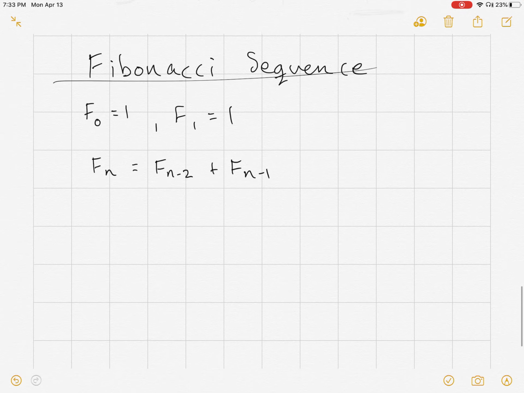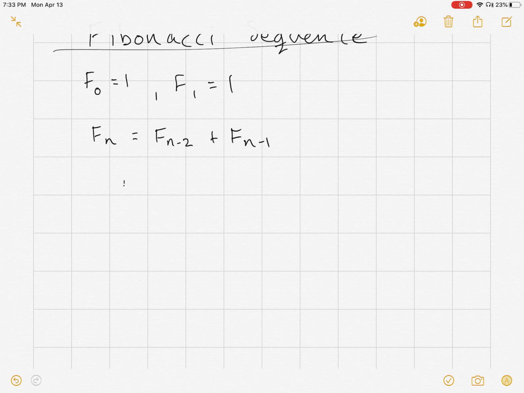If we were going to list this out explicitly, we would get 1, 1, and then 1 plus 1 is 2, 1 plus 2 is 3, 2 plus 3 is 5, 3 plus 5 is 8, 5 plus 8 gives us 13, 13 plus 8 gives us 21, and you can see how the pattern is just going to continue, and will get larger and larger.